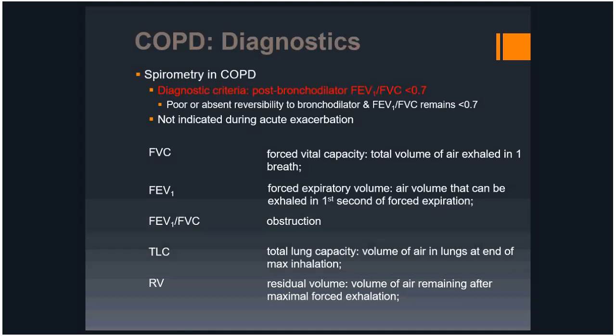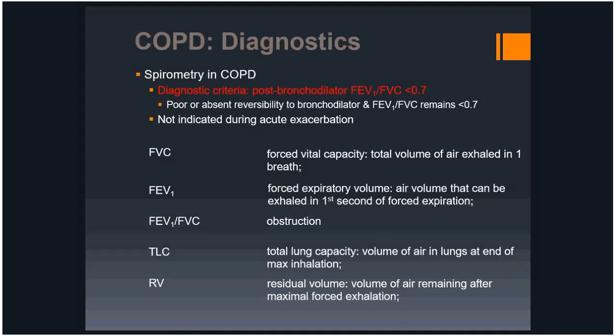So from a diagnostic standpoint, the diagnostic criteria for COPD is a post-bronchodilator FEV1/FVC ratio of less than 0.7. That indicates poor or absent reversibility to bronchodilator, meaning that we have excluded asthma.